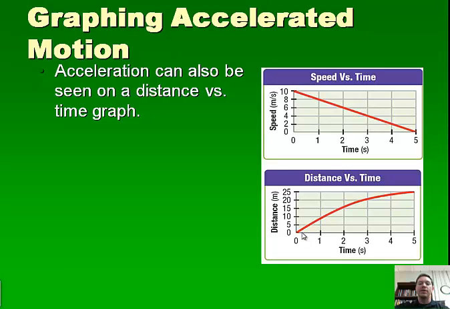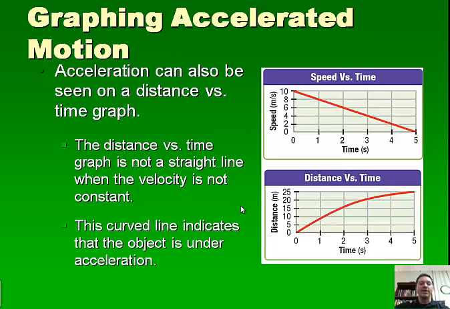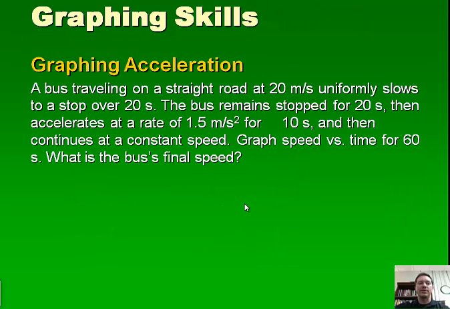The change in velocity is changing at most points along this line. So a distance versus time graph that is not a straight line means velocity is not constant. Therefore, acceleration is taking place. The curved line indicates an object is under acceleration.